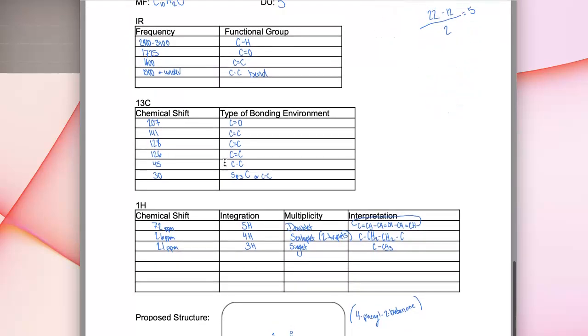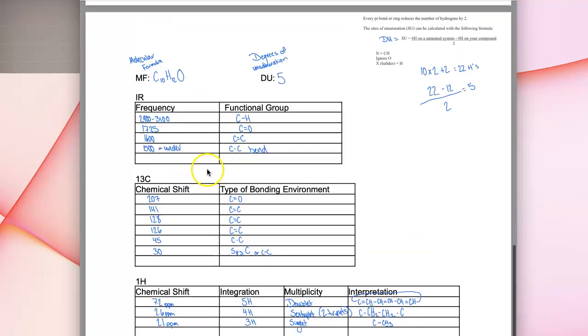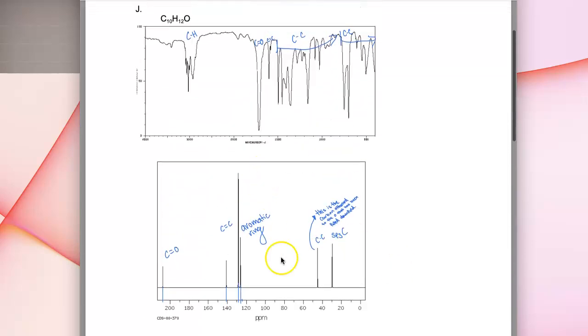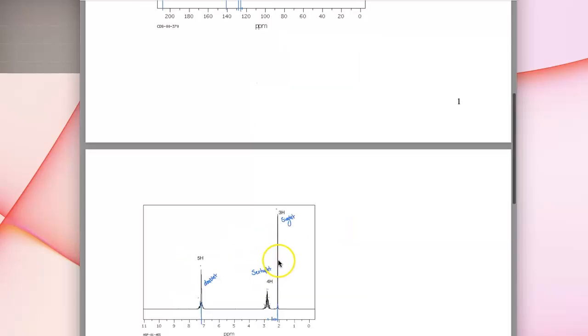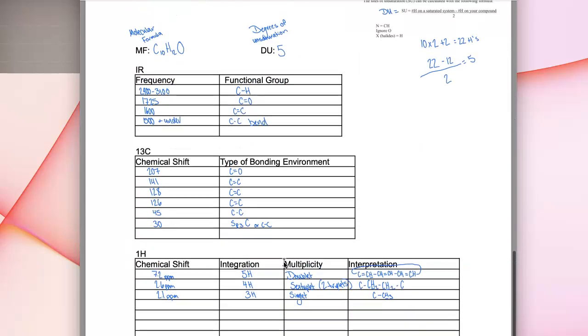And then next we'll look at where our chemical shifts show up on the CNMR. So when we look at that, remember we had the aromatic ring. So that means that was our 3 C double bond C's that help make up our ring.